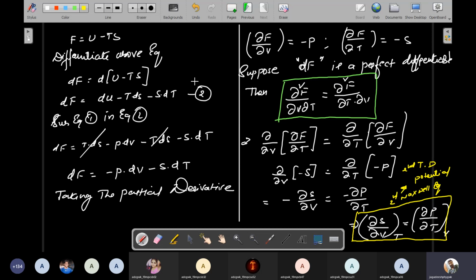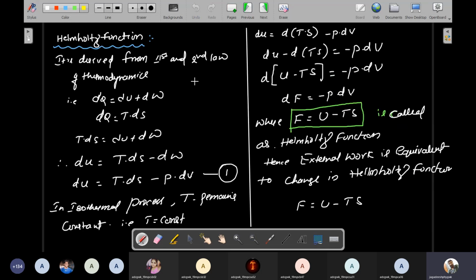Shall we move to another topic? Please note everybody, the Helmholtz function is derived from the first and second laws of thermodynamics. Two functions are already completed, and the third one is enthalpy, the total heat function.